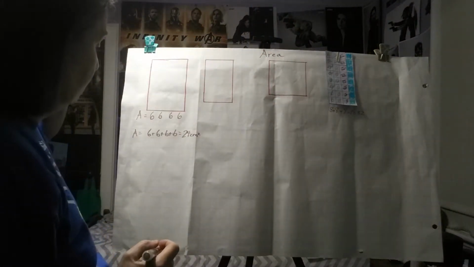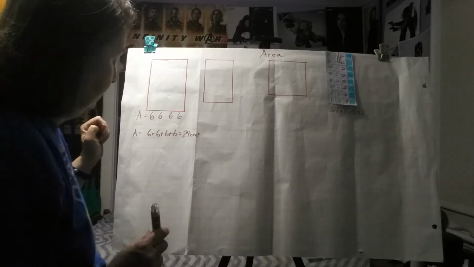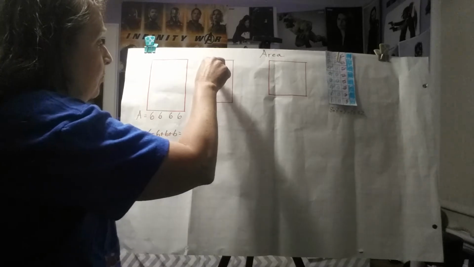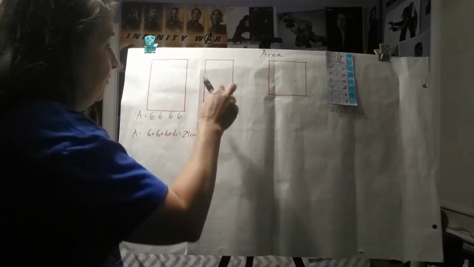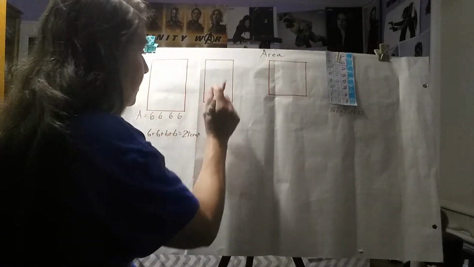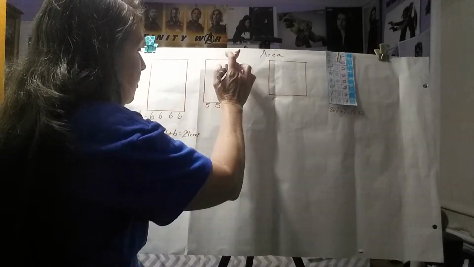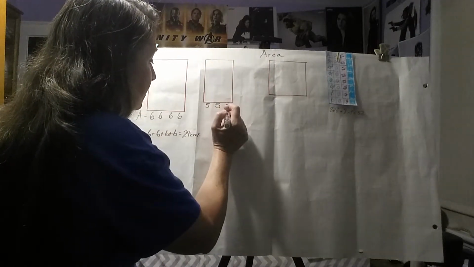Well, let's take a look at this one. I have got 1, 2, 3, 4, 5 squares in this row. 1, 2, 3, 4, 5 squares in this row. 1, 2, 3, 4, 5 squares in this row.